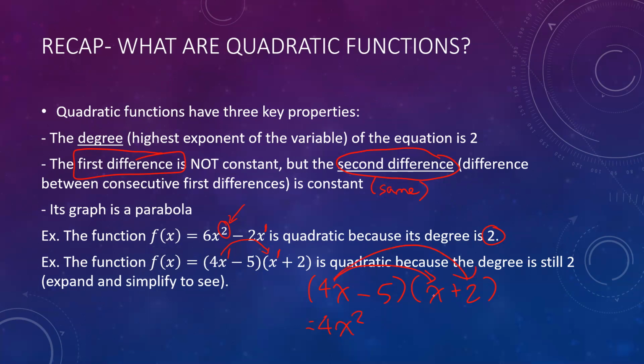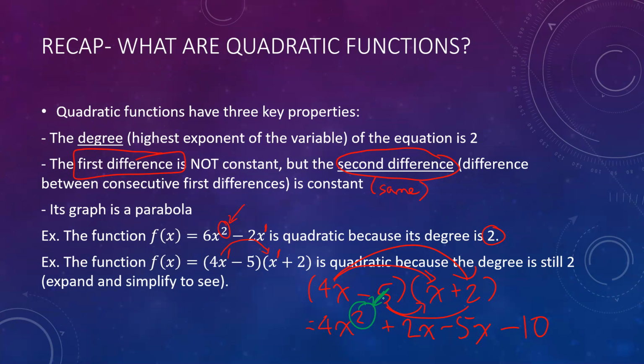I can expand this out and do 4x times 2, which is 8x, negative 5 times x, negative 5x, and negative 5 times 2, and I can complete this by simplifying it, but I don't even have to do that. I just stop right there and focus on the highest exponent, which is clearly 2. Because the highest exponent there is 2, that means that is a second degree function, which means it is quadratic. So this is another example of something that doesn't necessarily look quadratic right away, but it actually is.